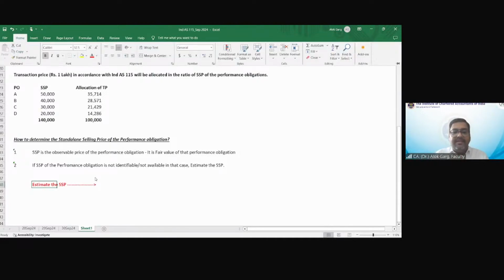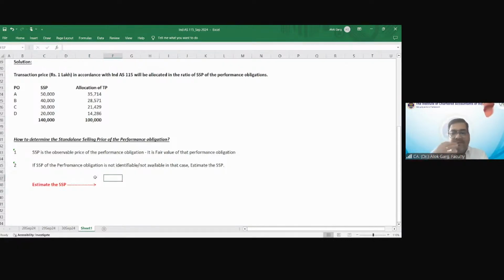For estimating the standalone selling price, the standard has given you three approaches. What are those three approaches? Approach number one is the AMMA approach.